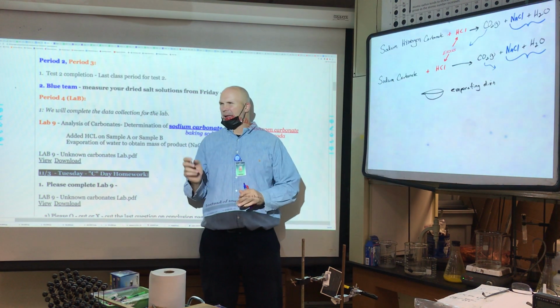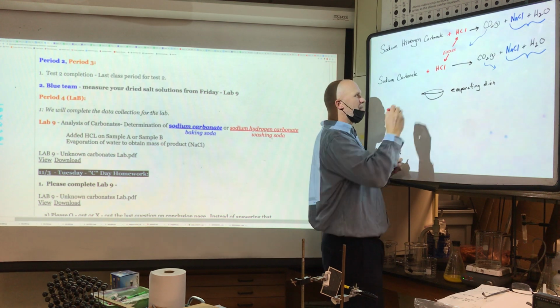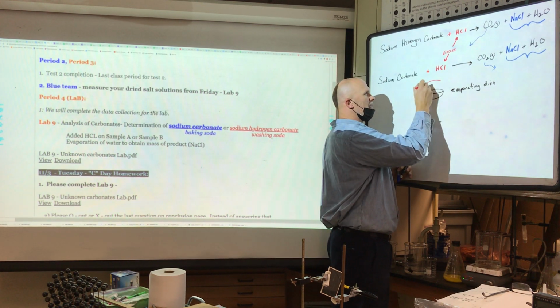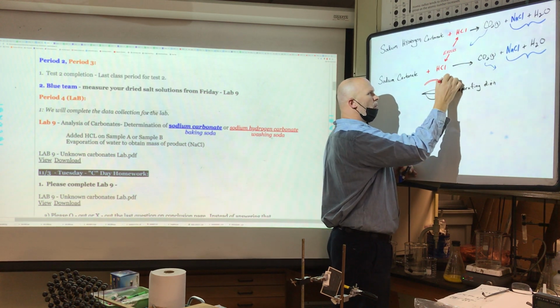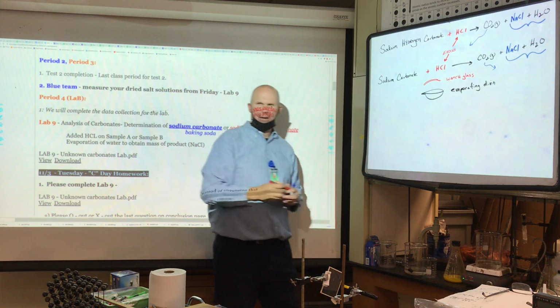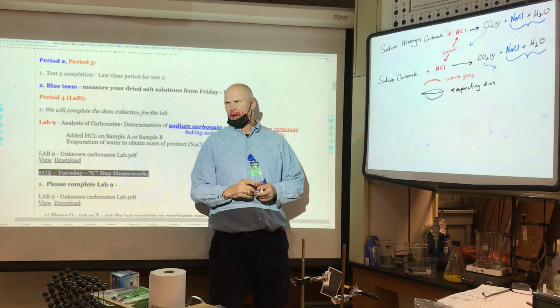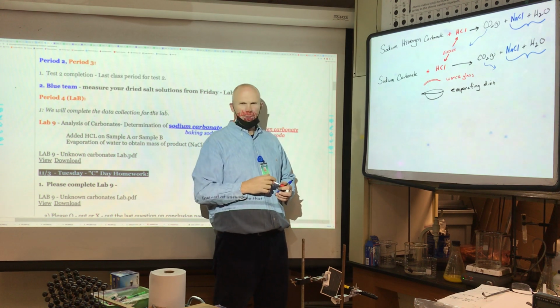Not only am I going to mask that out, I'm also going to add a watch glass. We know what that is. It's a piece of glass, it's conical. So this is going to be a watch glass. I know I don't have that in the lab, we'll just add that to your data section. So you're going to measure an evaporating dish and a watch glass with your scale that's on your bench. Okay?